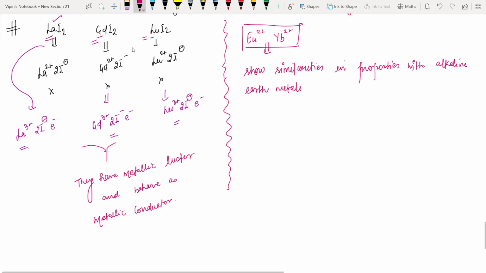Why? The reason is heavier alkaline earth metal.